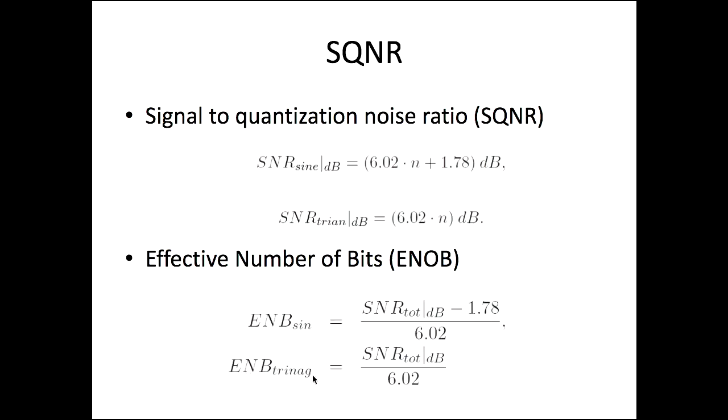And for a triangular signal it is SNR total in dB divided by 6.02; you don't have that 1.78 for a triangular. Then SNR for sinusoidal is this much, and for triangular is this much, which we already discussed. We don't have to derive it. These are the standard equations, and using these we can calculate effective number of bits if we know the signal to noise ratio.